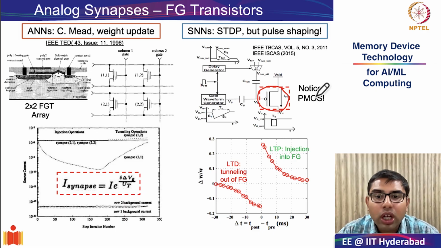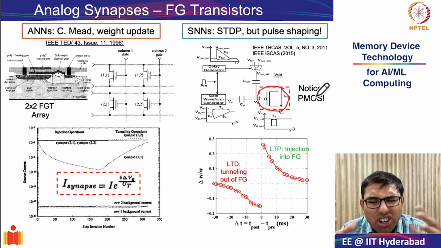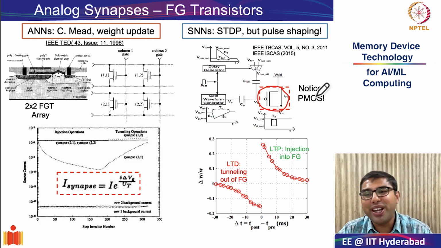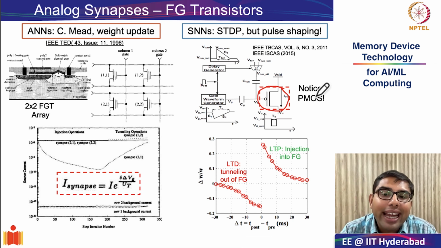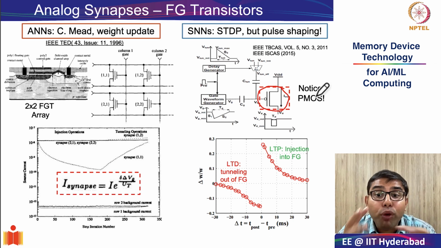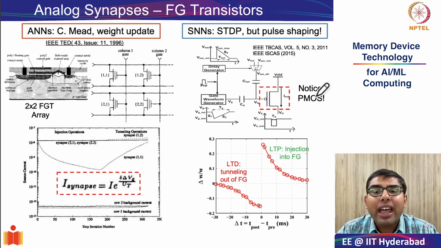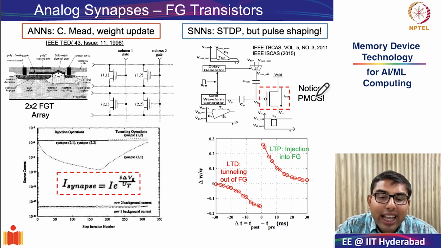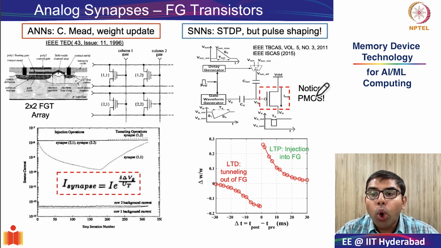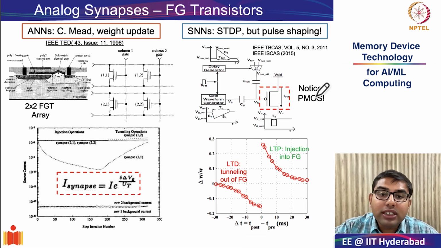So to conclude, this classic STDP window that you see over here is not really an intrinsic property of the device. It is entirely a result of carefully shaped pulses, both in the pre and post timing circuitry. And this same principle, using external waveforms to mimic timing dependent plasticity, is what we will see in other emerging non-volatile synapses as well.